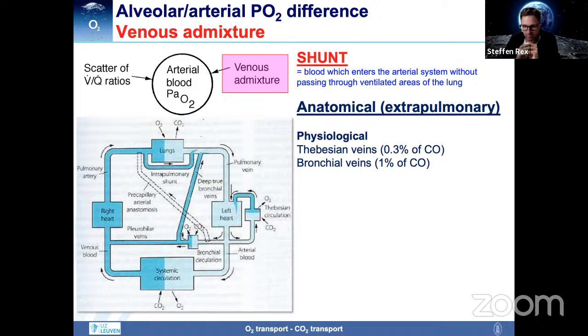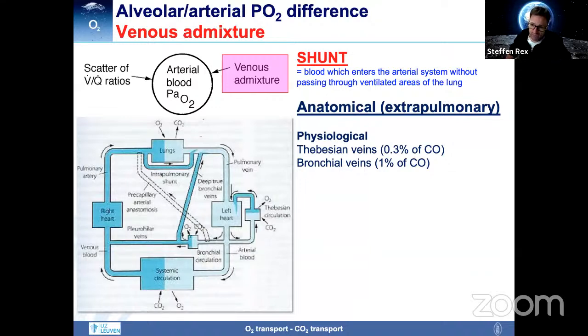They are also very important for you as a perfusionist, because the bronchi are perfused by intercostal arteries, but the veins are not draining to the vena cava. They just follow the pulmonary veins and ultimately drain their blood into the pulmonary veins.